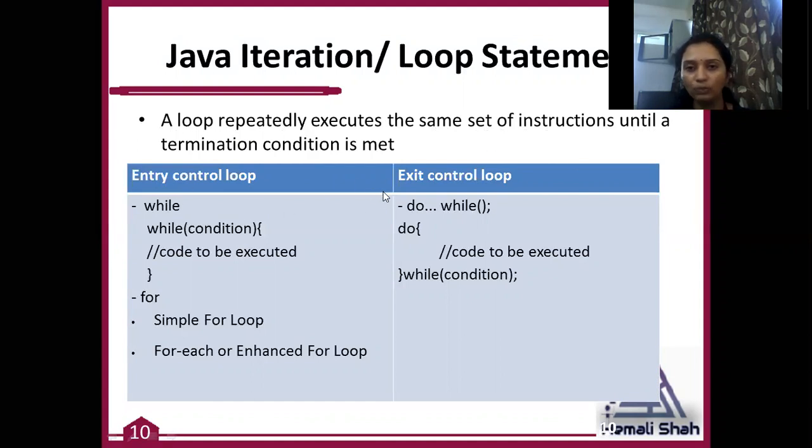Two types of loops are available: while and for are the entry control loops. Entry control means before executing the body part of the loop, it first checks the condition, and only then it executes the body part. The do while loop first executes the body, and only then checks the condition. So in total three loop statements are available. While and for are entry control loops, and do while is an exit control loop.